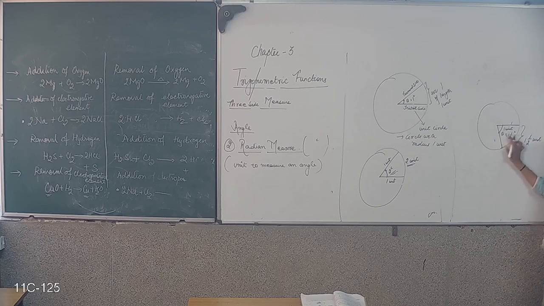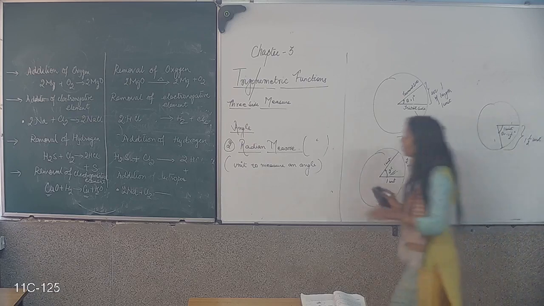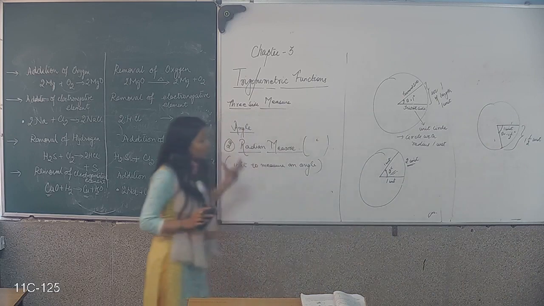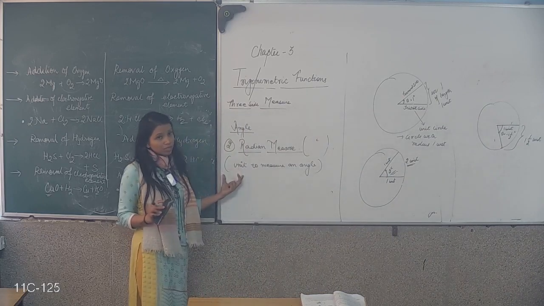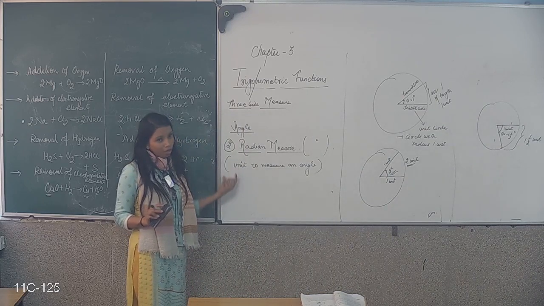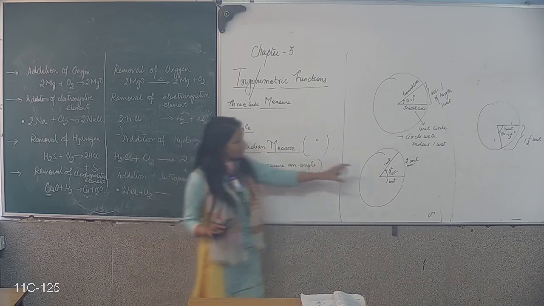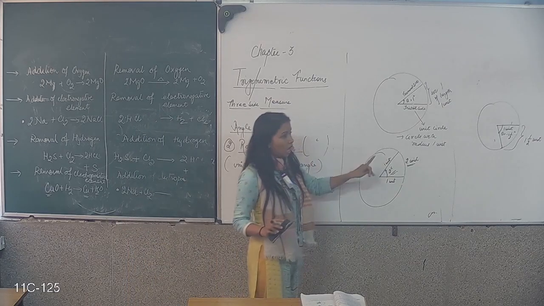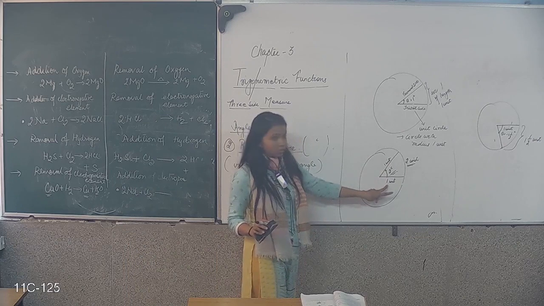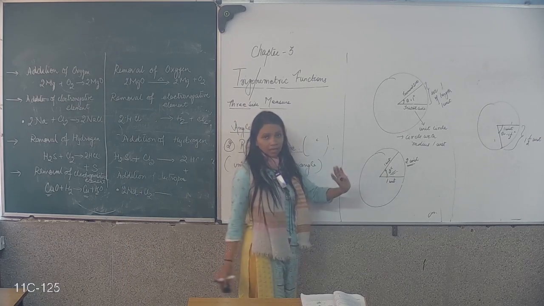So minus 1 by 2 radian. The moment a minus comes, we say that it is in the clockwise direction. Okay. Now, after this, we will be studying the relationship between the arc length. So can I say that it has 3 components: arc length, the unit circle, and the angle. Okay.